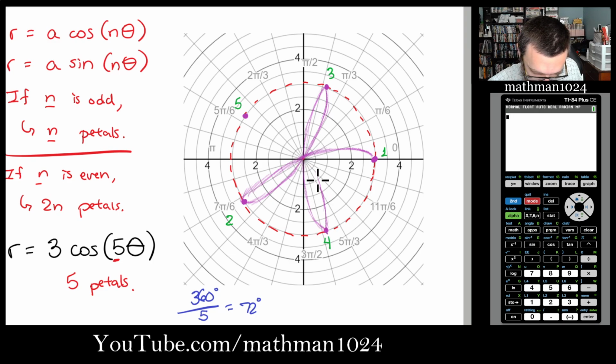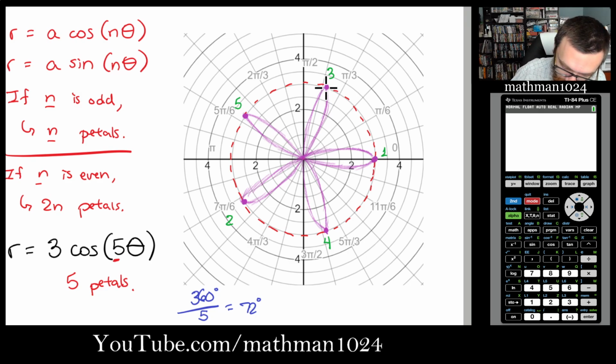And then I'm going to curl this, got to turn it again, sorry, to hit this. And then we finally finish it off going through the origin again, back to where we started. So it is a rose with 5 petals.